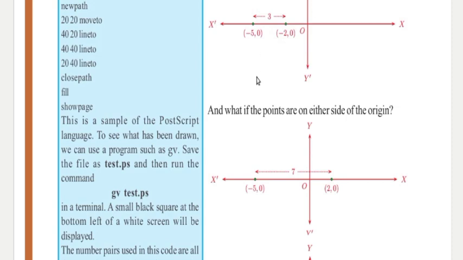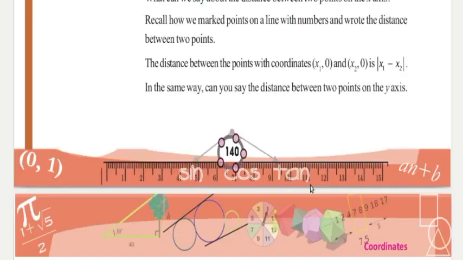So the distance between these 2 points is the modulus of the difference in their x coordinates. So if the points are on the x axis, the distance between the points is the modulus of the difference in x coordinates of the points. Okay, that is a new result.